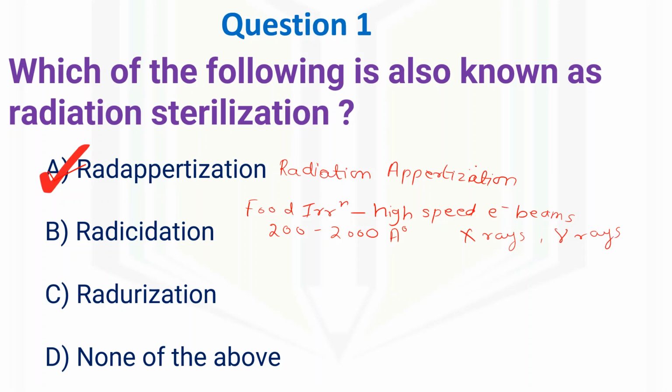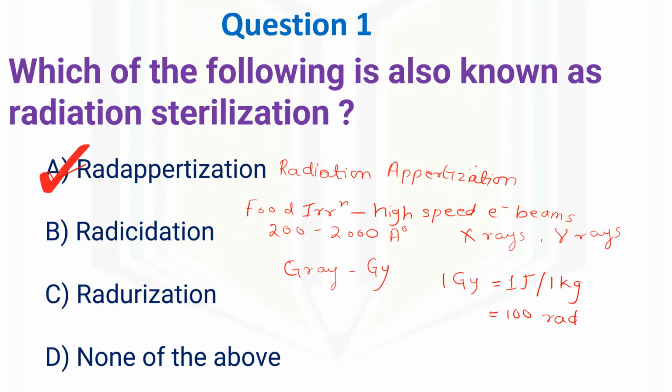So depending upon the dosage, the dosage is given in the form of the gray, which is written as Gy, and it is also measured in joule per kg. So 1 gray is equal to 1 joule of energy absorbed by 1 kg of the food. This is also equal to 100 rad.